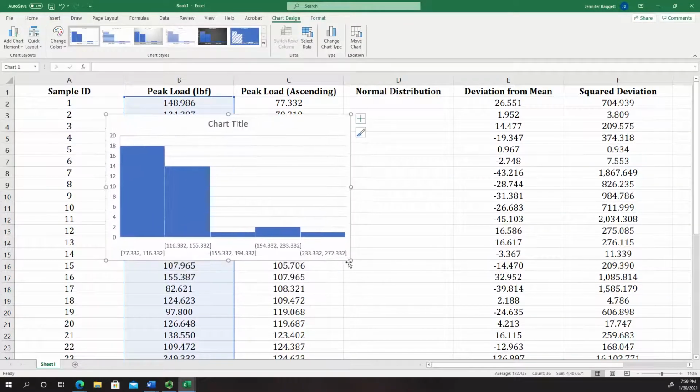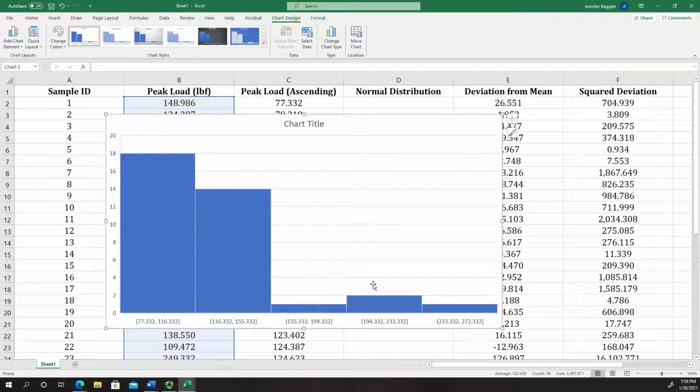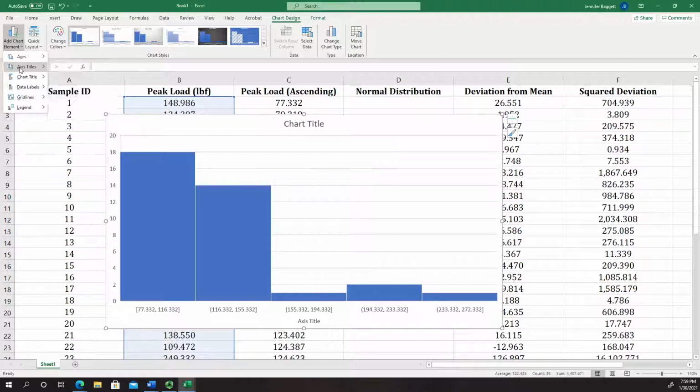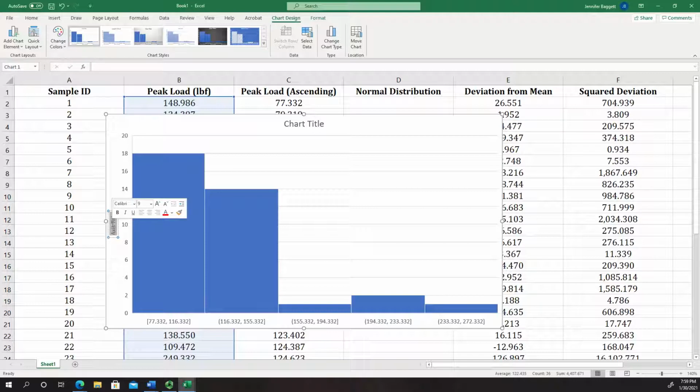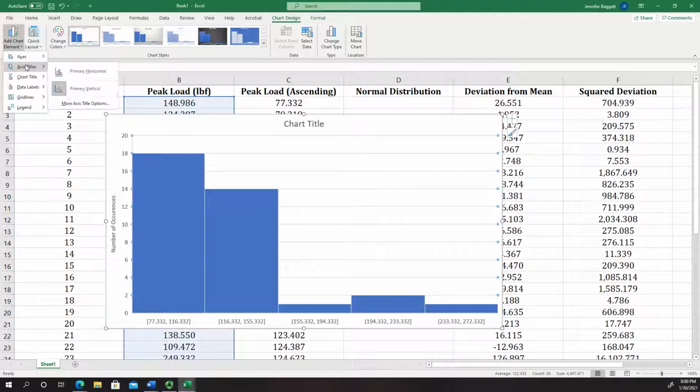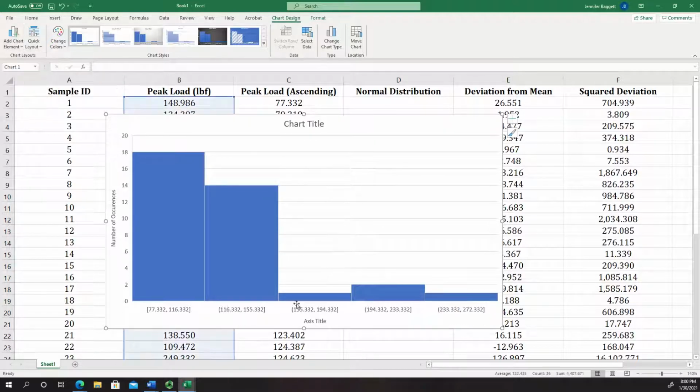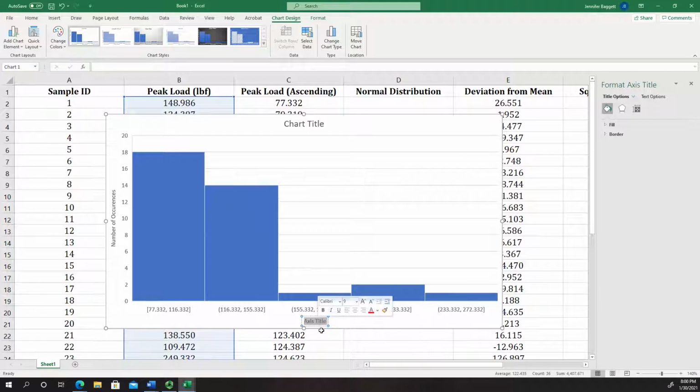So in this case, we have a histogram type plot. Make it a little larger. We can add chart elements, so we can add a title. We can add axis titles and then change these names, like number of occurrences, and then add a horizontal label, which is our load value.